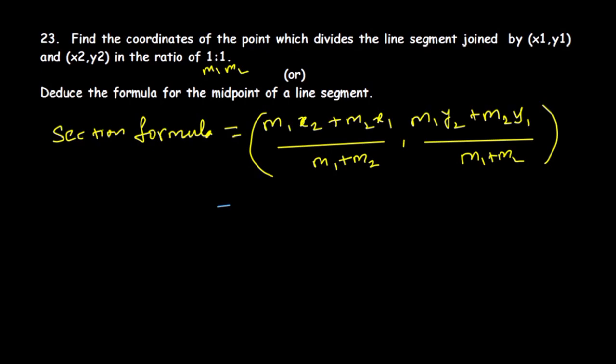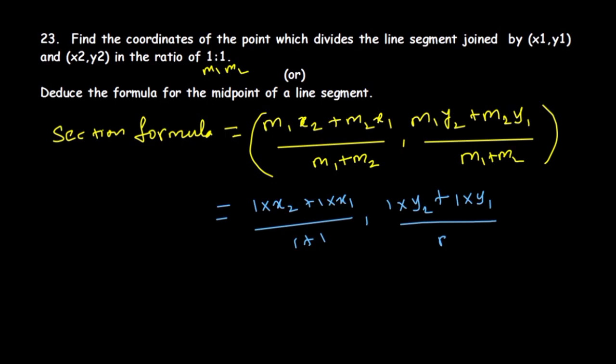Then we have m1 meaning 1 into x2 plus m2 which is 1 into x1 by m1 plus m2, meaning 1 plus 1, and m1 again 1 into y2 plus m2 1 into y1 by 1 plus 1. Okay, 1 into x2 is x2 plus x1 by 1 plus 1 is 2.